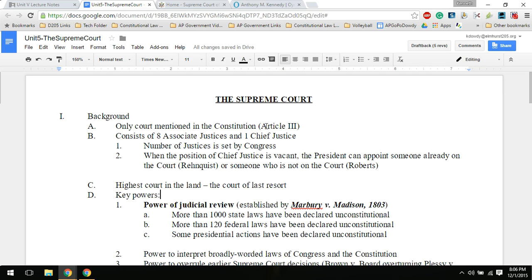Again, Article 3 of the Constitution establishes a Supreme Tribunal. Tribunal, that's such a cool term. A Supreme Tribunal, in this case, we call it the Supreme Court. That Supreme Court consists of 8 associate justices and 1 chief justice.